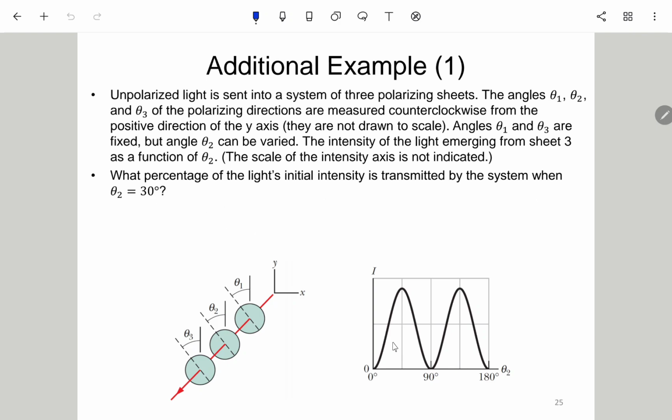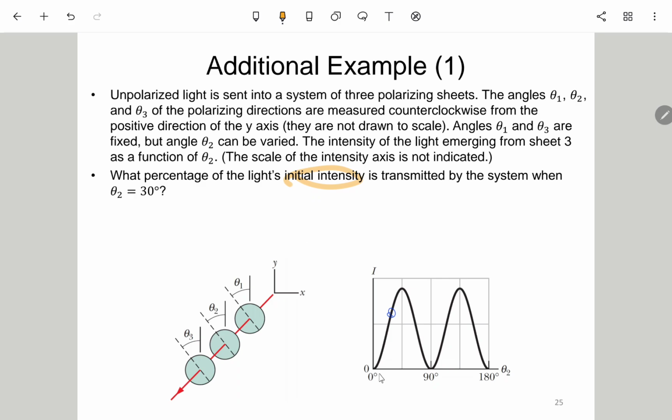So 30 degrees is somewhere like here. This is 45, this is 30. But it doesn't tell you what I0 is. It asks for the percentage of the initial intensity.